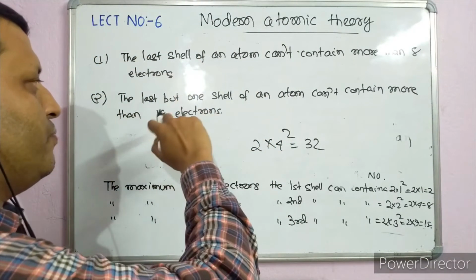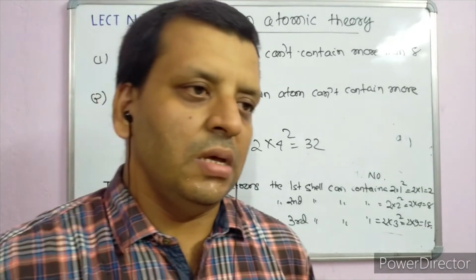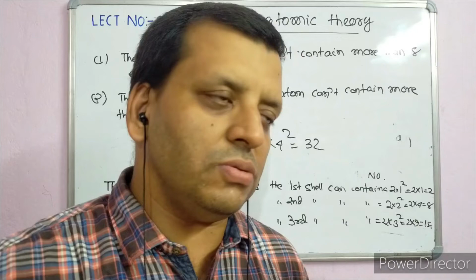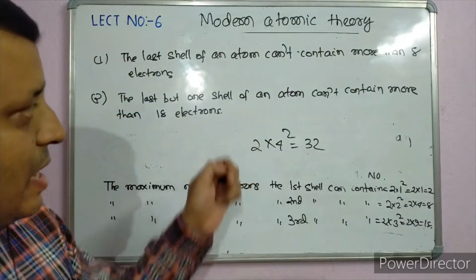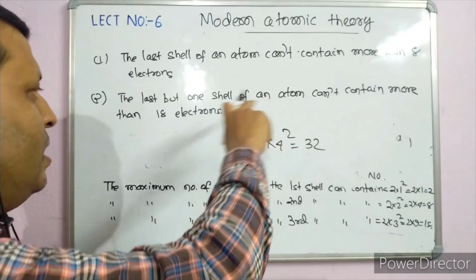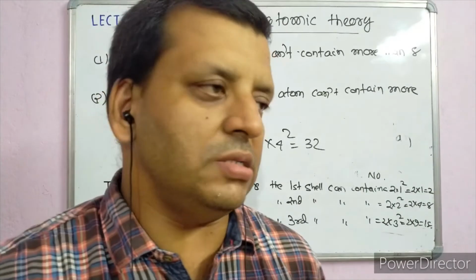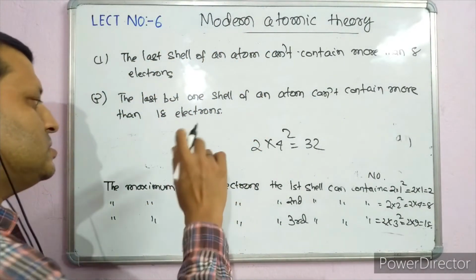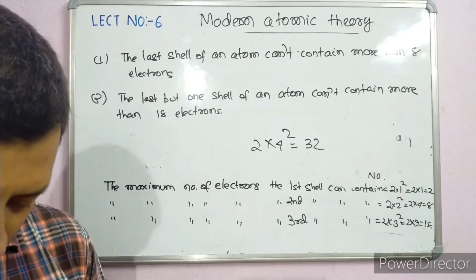Similarly, the last but one shell of an atom, that means the shell just previous to the last shell, cannot contain more than 18 electrons. So these are some limitations to this theory.